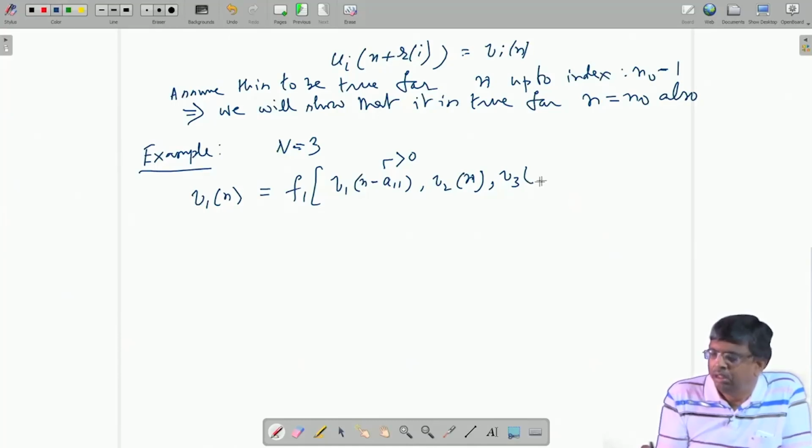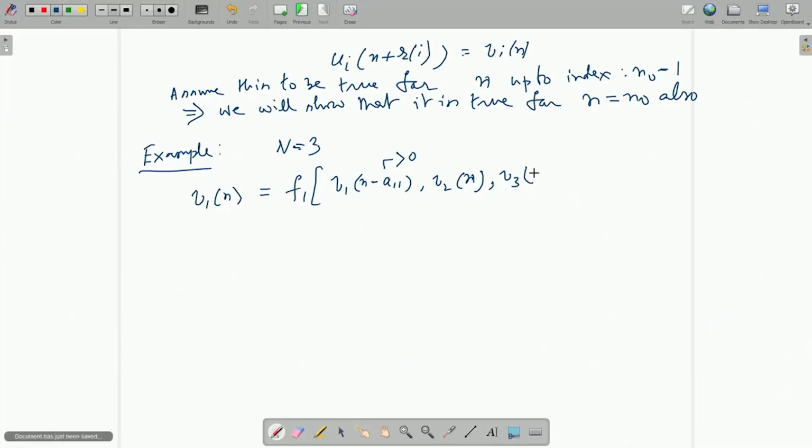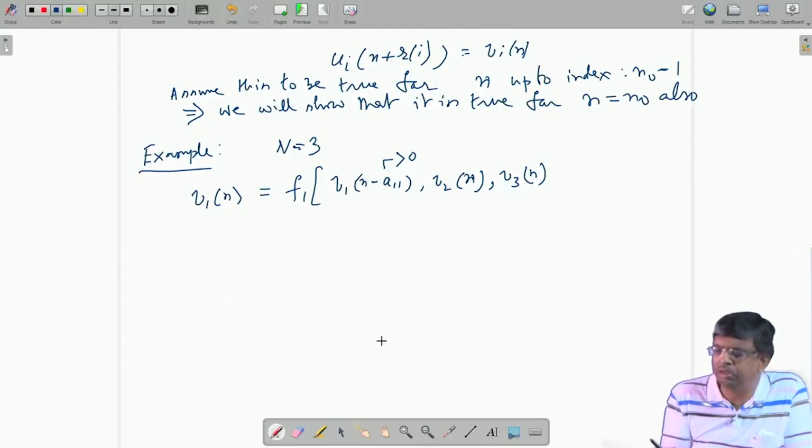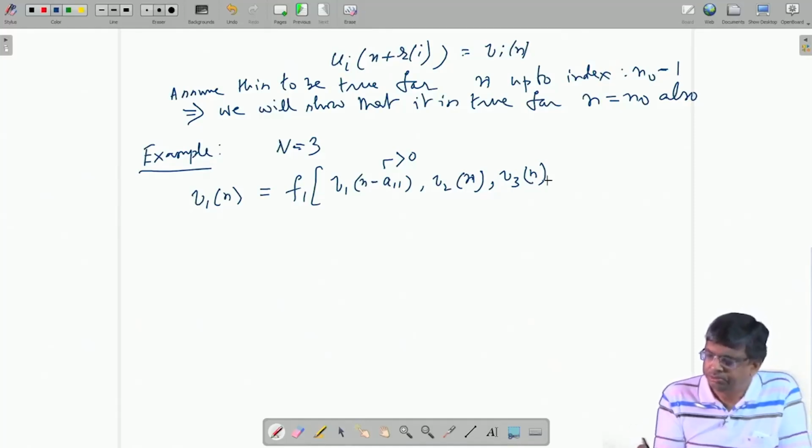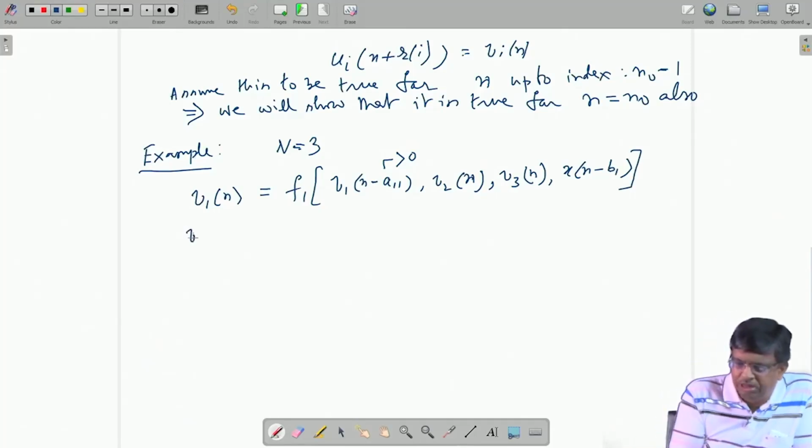But if it is a function of the current index n, even then I will show the V1n actually will not be a function of V3n, eventually it will be a function of V3n minus some positive number, there is some past output of node 3. Okay. And then this 3 and input xn minus B1. B1 can be 0 or positive, it does not matter, I am not bothered. If that be, now let us consider V2n.